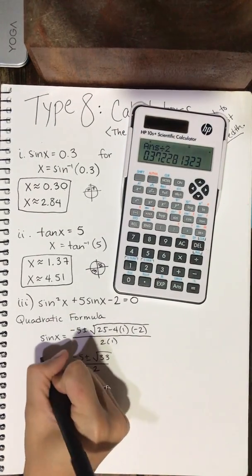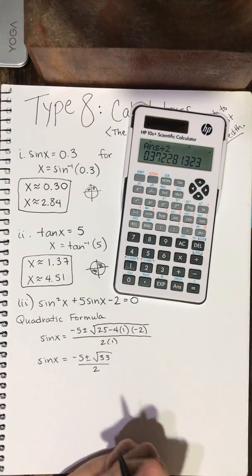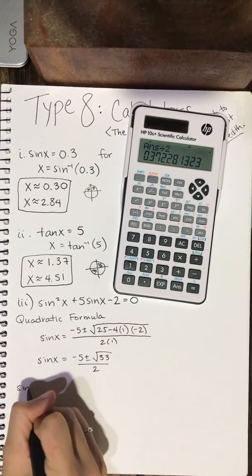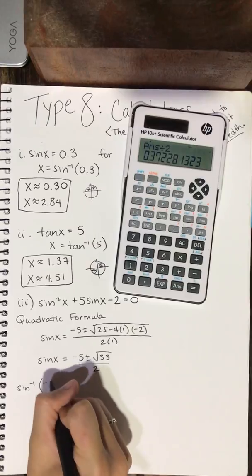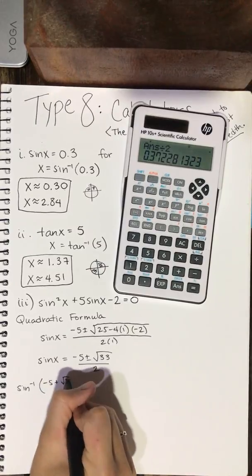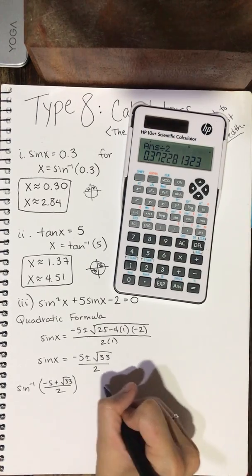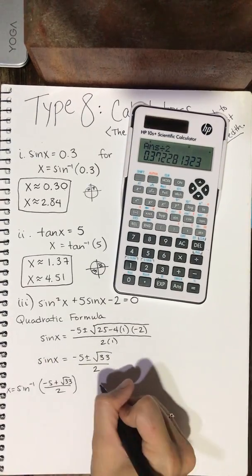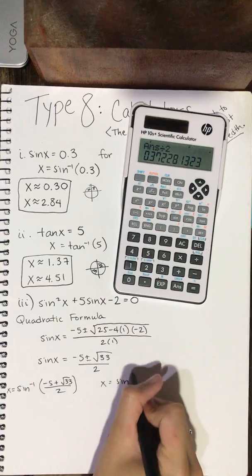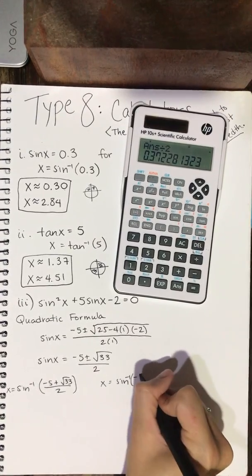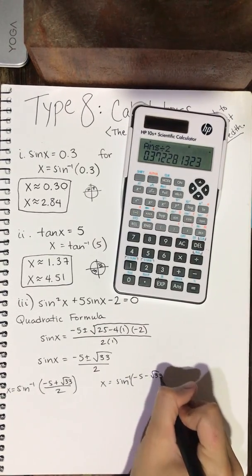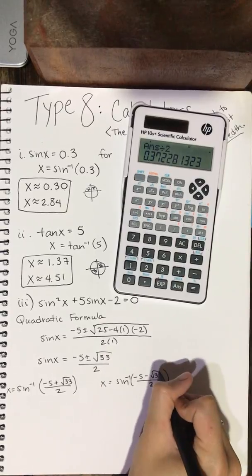Because right now sine of x is equal to this, so I'm going to do sine inverse of negative 5 plus the square root of 33 over 2. And x can be equal to this, or x is equal to sine inverse of negative 5 minus the square root of 33 all over 2.